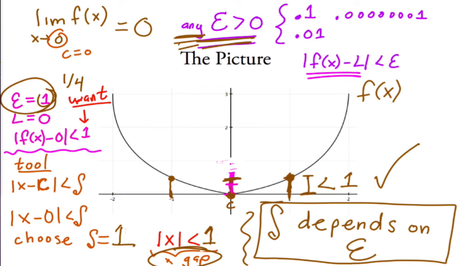But what you can do is just make delta smaller so that you can be inside of there again. So hopefully that process makes sense, where epsilon is given, and then you have to choose your delta, your x gap, so that it fits inside of the y gap.